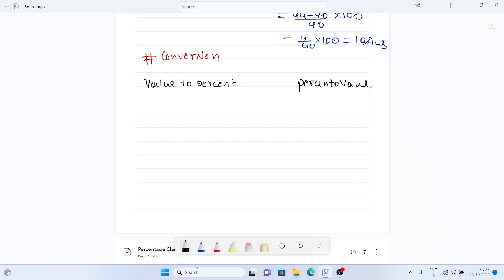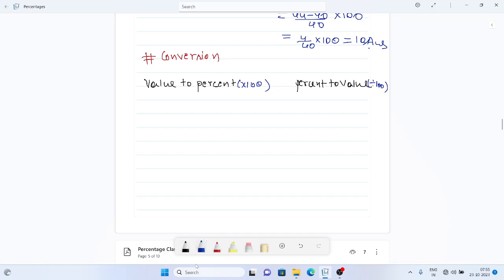So how do we convert any value to percentage? You have to multiply by 100. And how do you convert percentage to value? You have to divide by 100. You have to remember these. When you convert value to percent, you always multiply by 100. If you want to convert percent to value, you divide by 100.